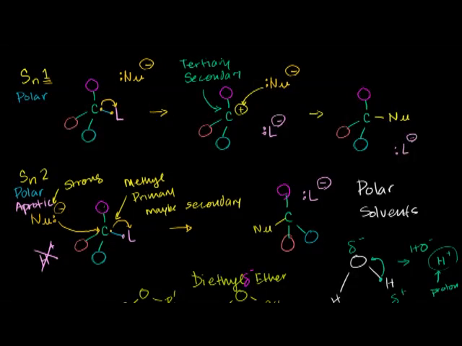Now on the other end of the spectrum, the key in an SN1 reaction is that this carbocation be stable. And for a carbocation to be stable, or actually even more important, instead of the carbocation being stable, that's dependent on it being a tertiary or secondary carbon.